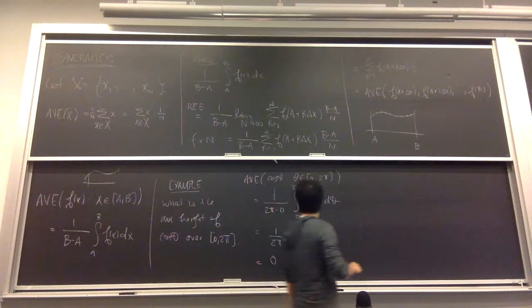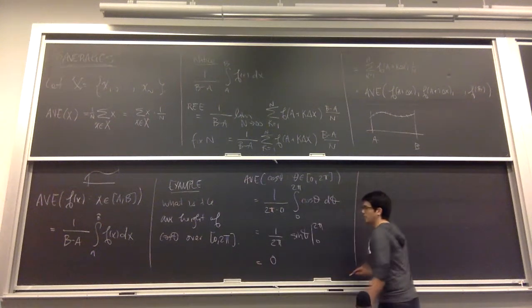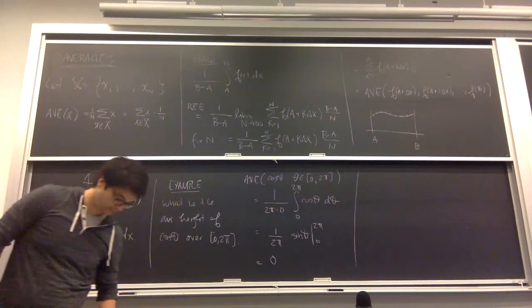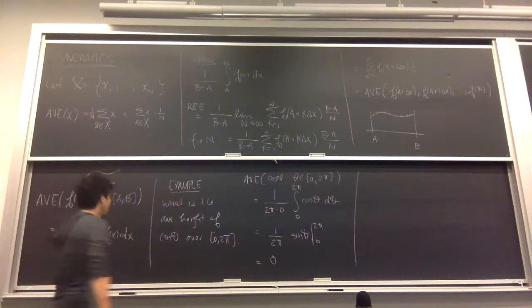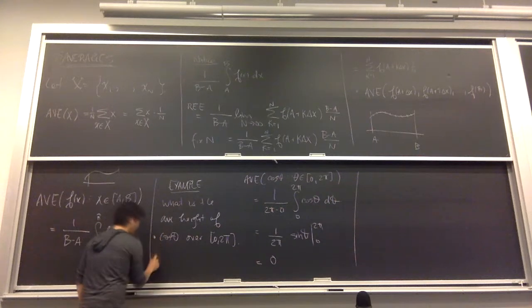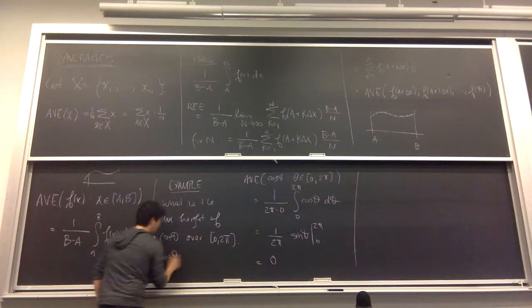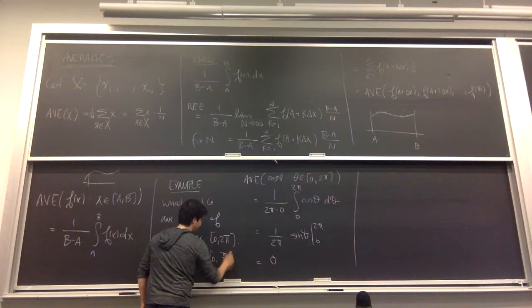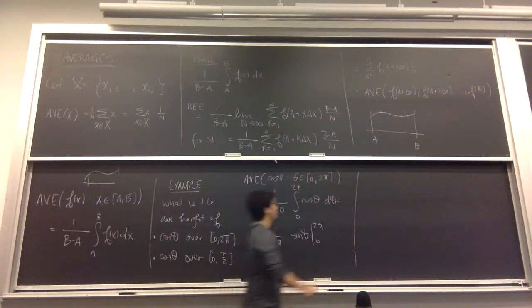All right, let's do something harder now. Let's do the same question, but over a different domain: 0 to pi half. So what happens if we do this again? Cos theta over 0 to pi half. Again, that's easy.